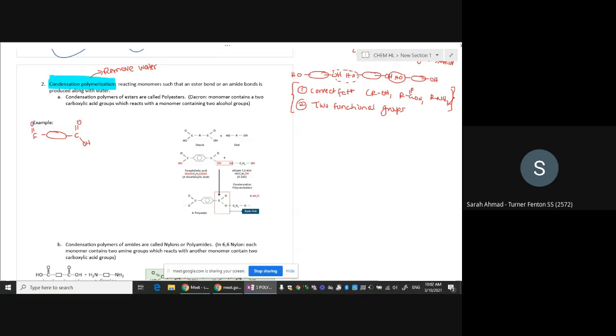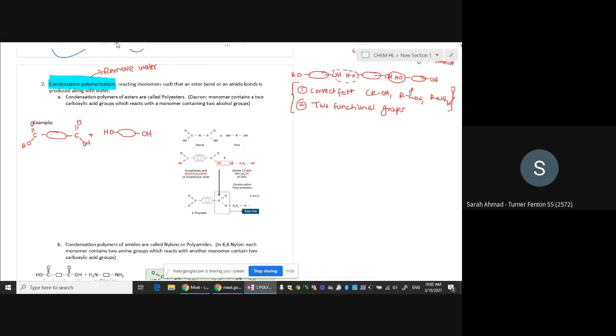So it's a dioic acid, right? Plus, it needs to have an alcohol, right, to take out water. But that also has to be difunctional. It has to have it on both sides because I want it to go on forever and ever.